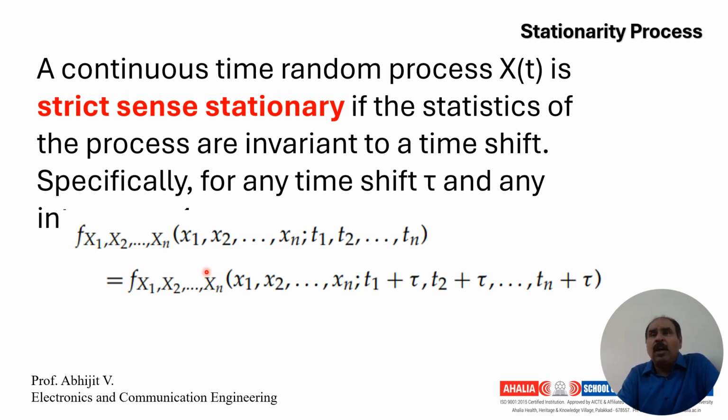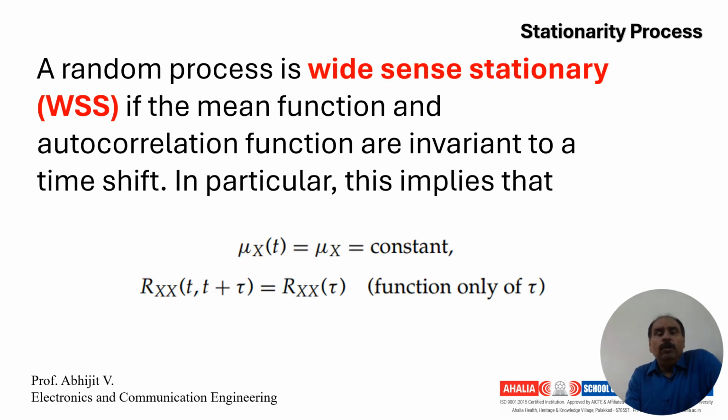It is a process where you have a time shift and there is no difference in the distribution function. Now we'll see what a wide sense stationary process is. A wide sense stationary stochastic process is a random process where the mean function and the autocorrelation function are invariant to the time shift.